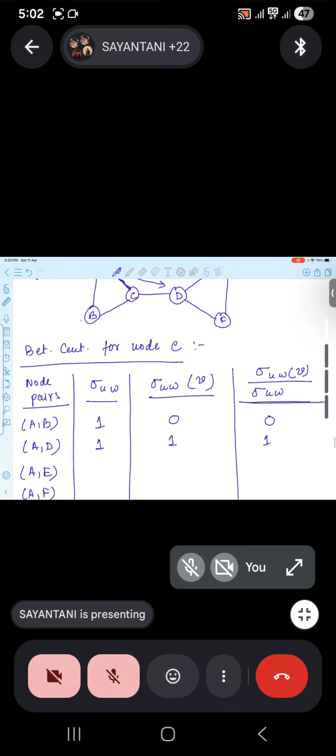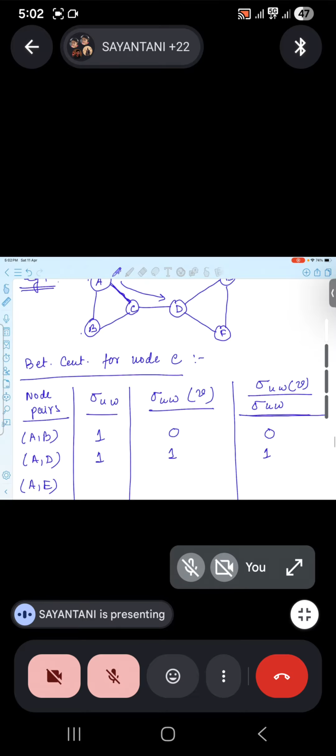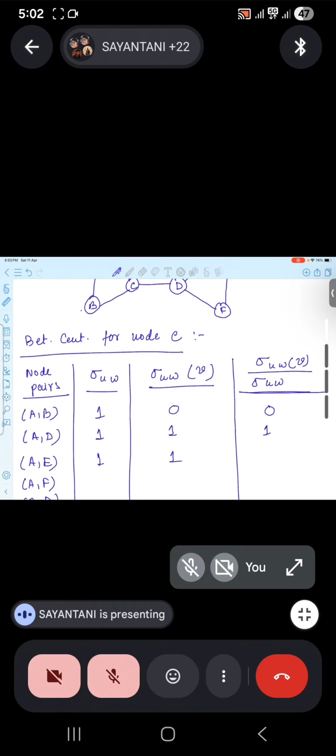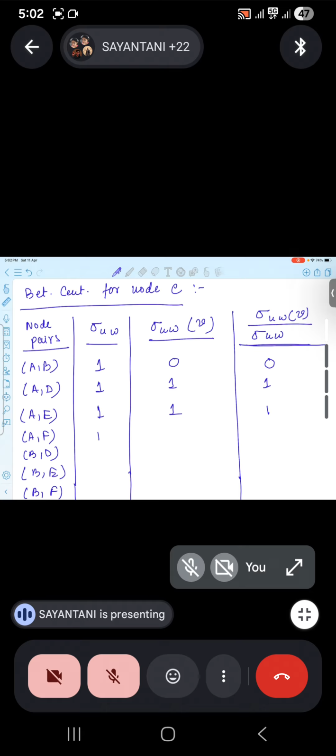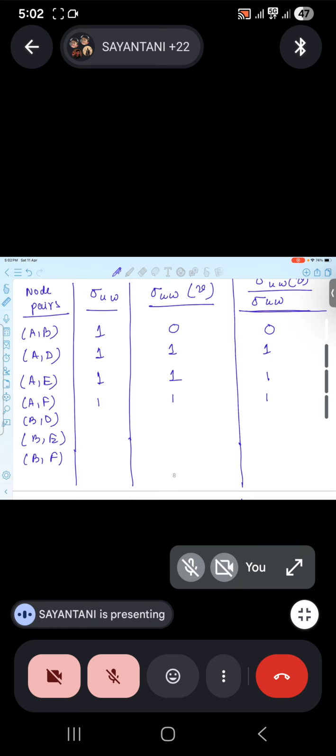Again, A to E, yes, we have a shortest path. Does it pass through C? Yes, so the ratio will be 1. A to F, shortest path is present, total number is 1, it passes through C, ratio is 1. B to D, one shortest path present and it passes through C, ratio is 1. B to E, passes through C and the ratio is 1.